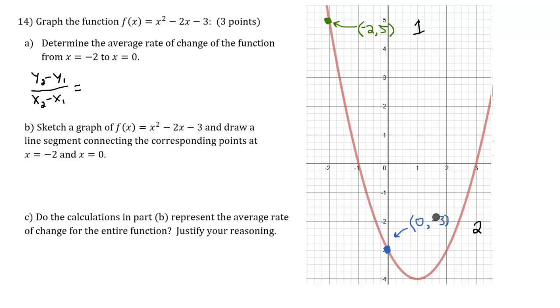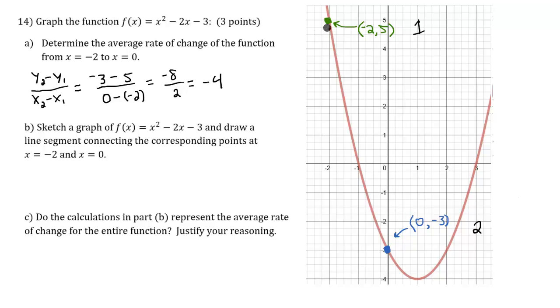So I take y2 down here, which is -3, and I subtract y1, which is going to be 5, and then I take x2, which is down here at 0, and then I subtract my x1, which is up here, a -2. So -3 minus 5 is going to be -8, and then 0 minus -2 is going to be 2. Our average rate of change is going to be -4 from this point to this point. So that's the interval -2 to 0.